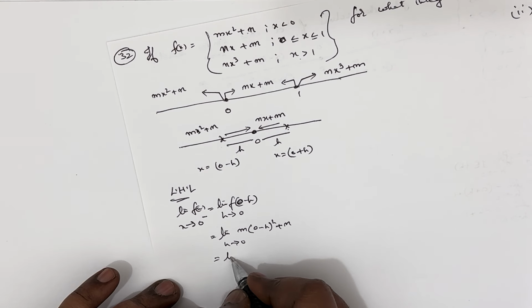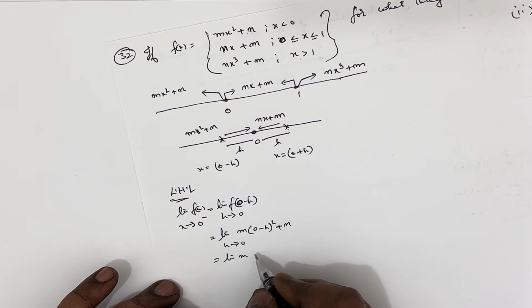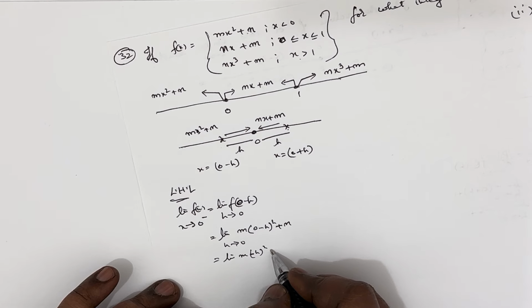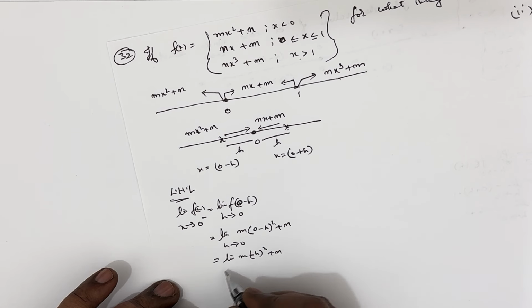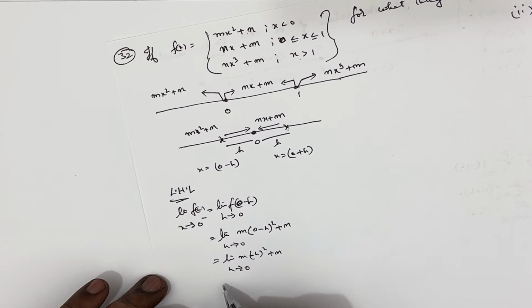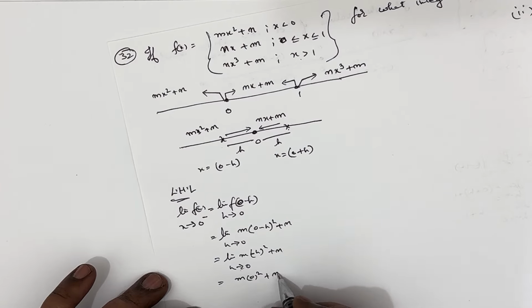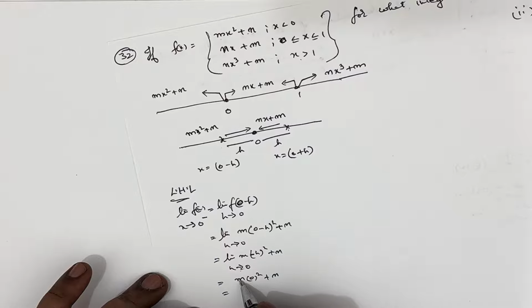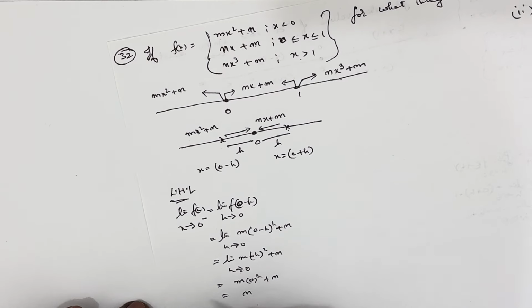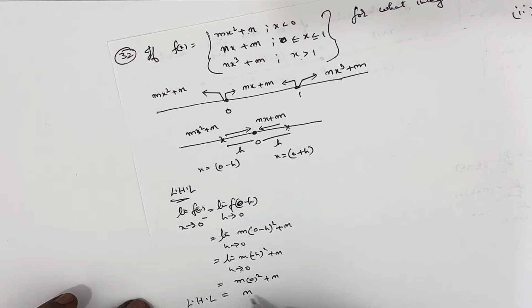This can be written as the limit of m times minus h whole square plus n, h tends to 0. Putting the value of h in the function, we get m times 0 square plus n, which is 0 into m, which is 0, so we get n. This is the left hand limit.